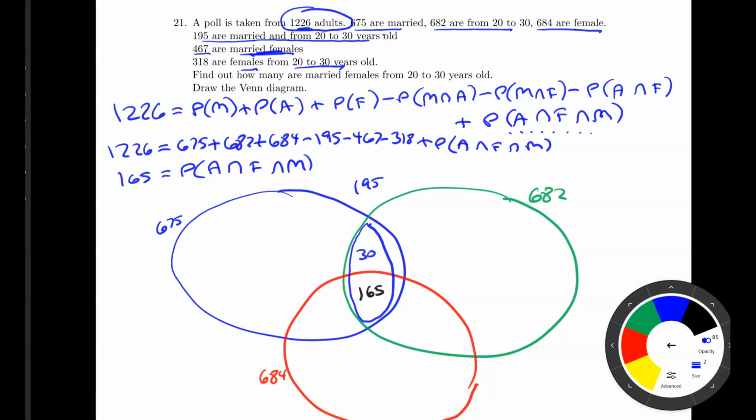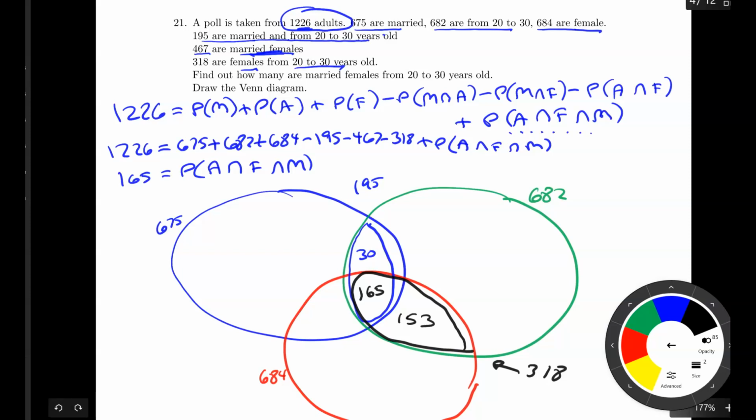Okay, so between the certain age and the female, let me try and get a different color here. This right in here, certain age and female, this number here has to be 318. So I've got the 165 here, so that means this has to be 153.